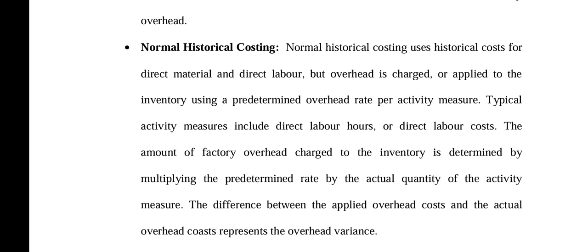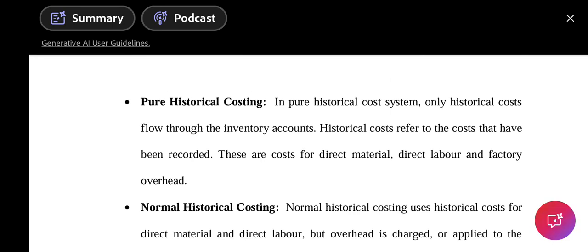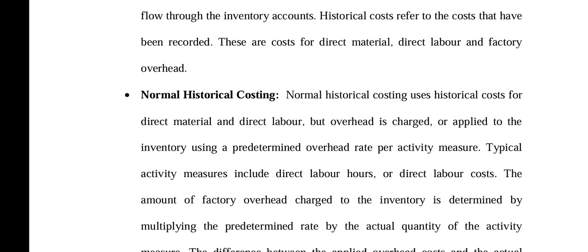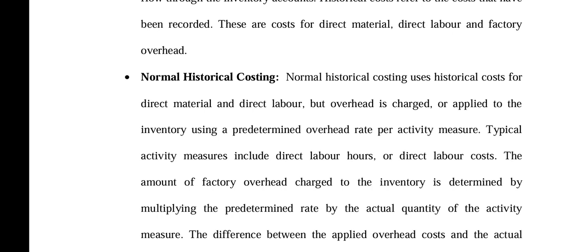So what they are saying here is that we are still using the pure historical costing, but the difference is that our overhead, which is our expenses, will be charged or applied to the inventory. Do you understand? And it's going to be using a predetermined overhead rate per activity measure.